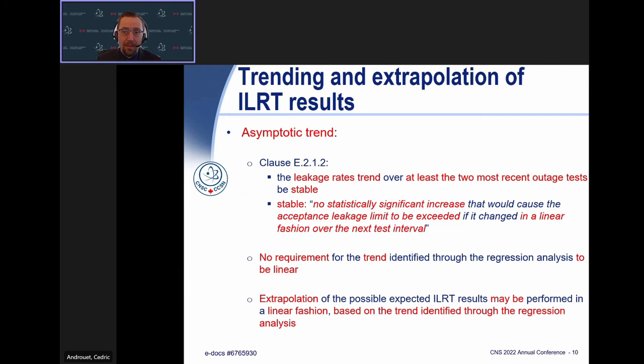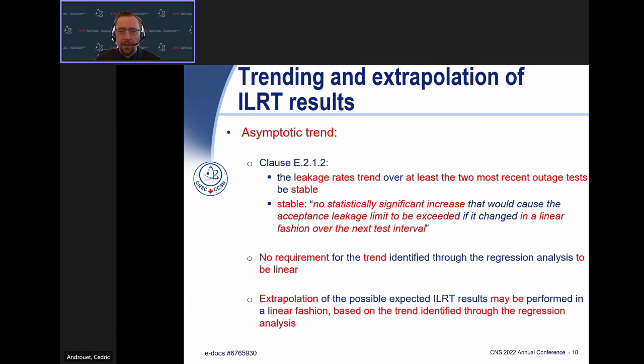So there is no requirement for the trend obtained through the regression analysis to be linear. CSA rather indicates that the extrapolation of the expected test results may be performed in a linear fashion based on the trend identified through the regression analysis.